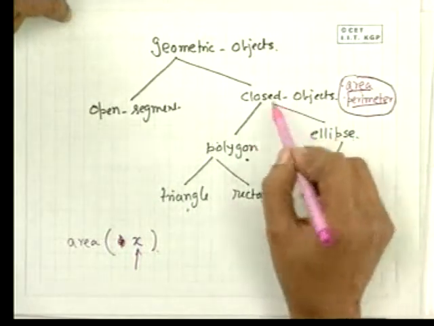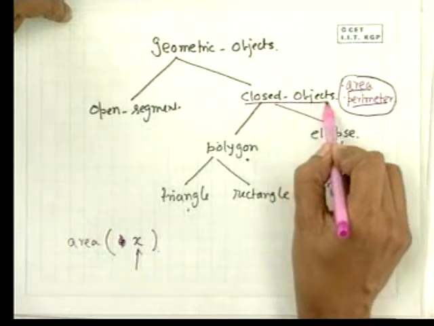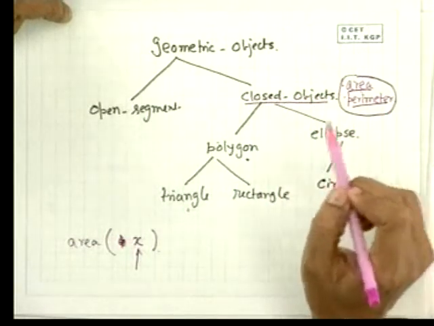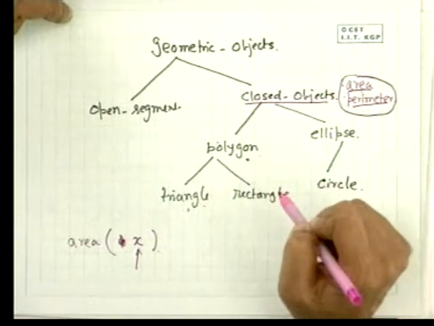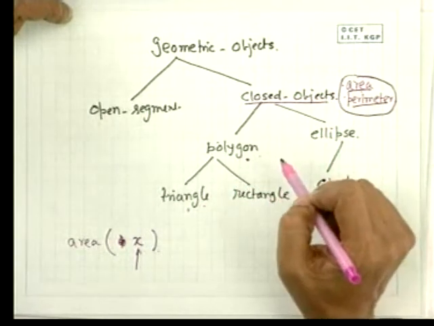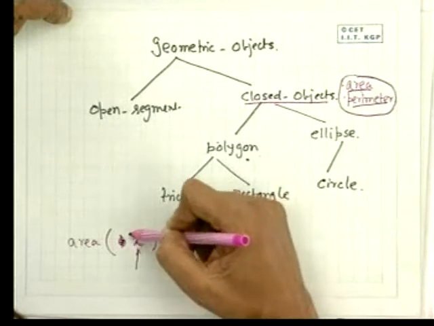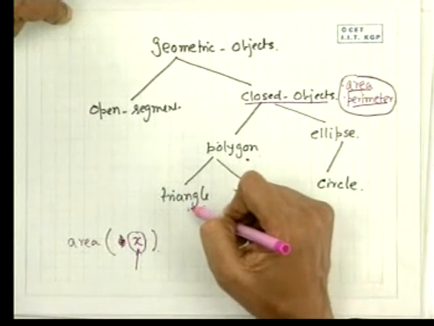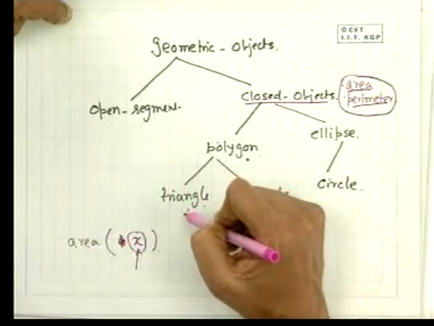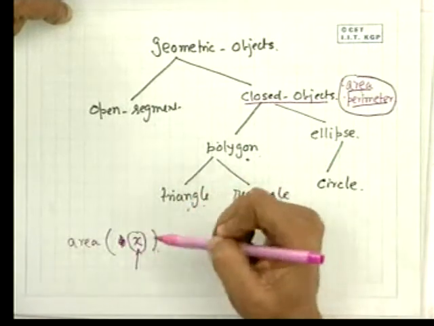The type can be closed object, polygon, triangle or rectangle. But we are interested that depending upon the type of x, the appropriate area method will be used to compute the area of the object x.